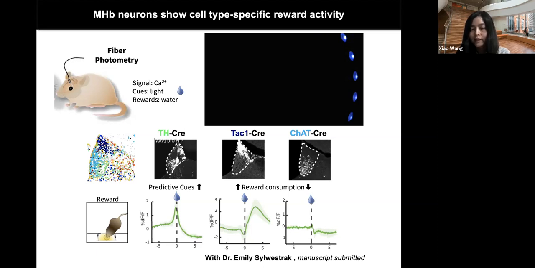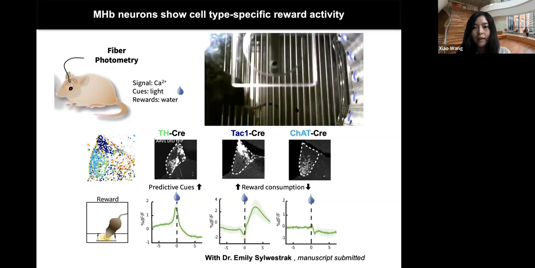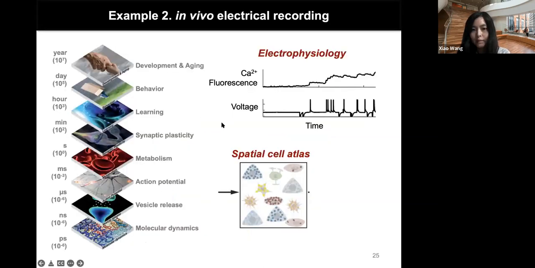And after these encouraging results, we are also thinking about how we can do this in a more accurate way. Ultimately, the most accurate readout of electrophysiology is still the change of electrical signals and voltages. So our goal is, can we combine these spatial atlas measurements with electrophysiology?